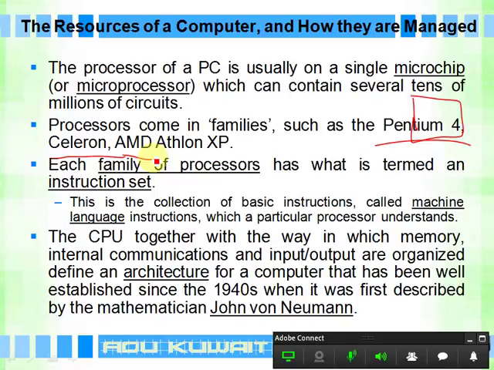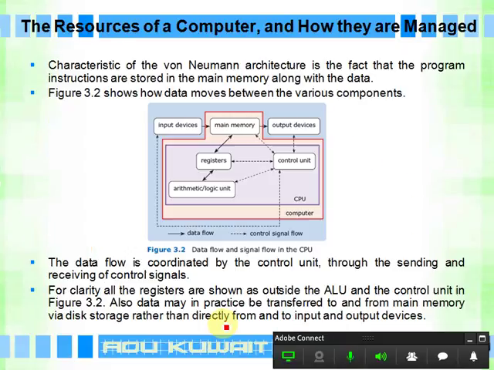The CPU, together with the way in which the memory, internal communication, and the input-output are organized, defines the architecture of the computer. It was first developed by a mathematician called John von Neumann. Here is the architecture of the computer given by Neumann in the 1940s.